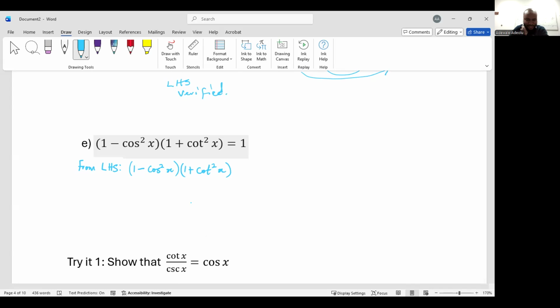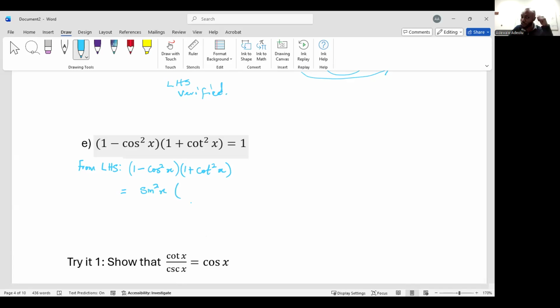In this case, well, let us see. I can say this is equal to maybe sine squared of x times, what about this? 1 plus cotangent squared of x.